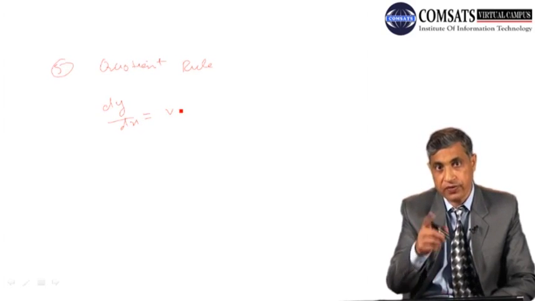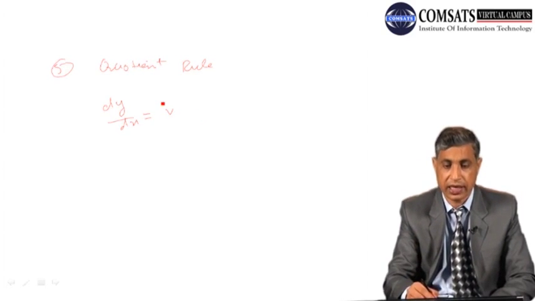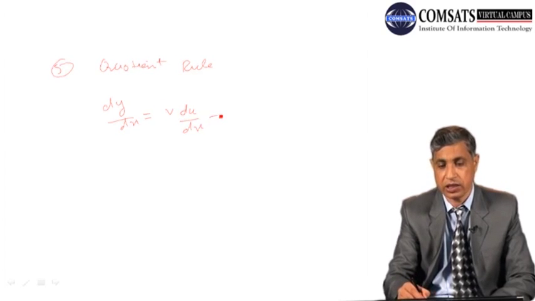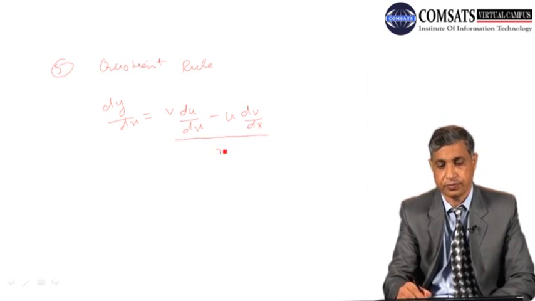As compared to the previous product rule, v comes first, and this is du over dx. Now instead of plus, it is minus. This is u dv over dx, all divided by v square.